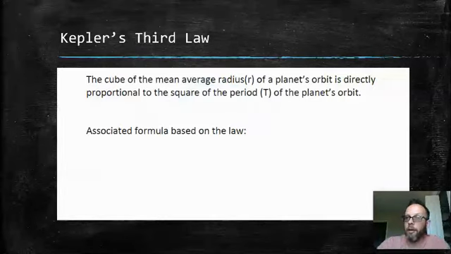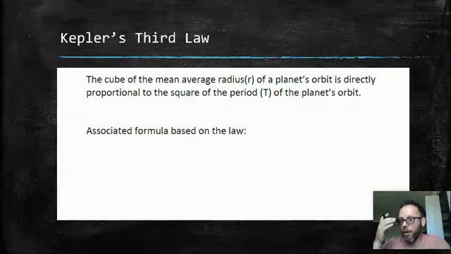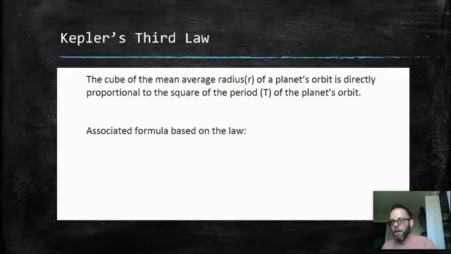All right, guys, moving right along. Kepler's third law is the law that includes a formula and a bit of math. The other laws do as well, but this is the one we'll use to solve some problems.